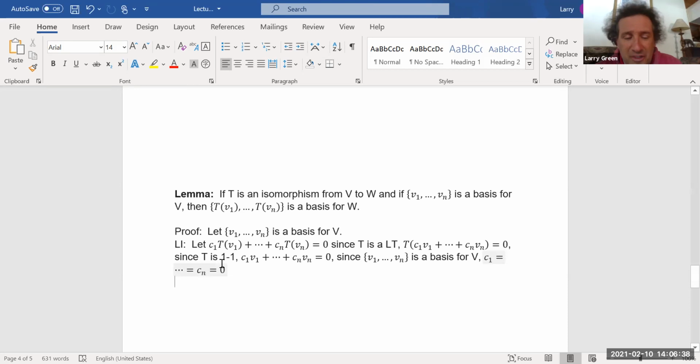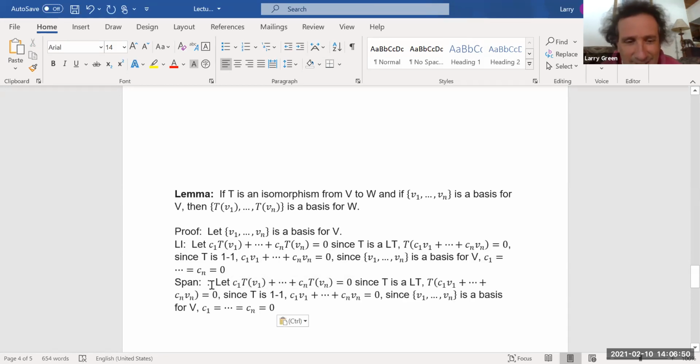Okay, so now I have to show span. Span is basically the same. And in fact, I think it'll save me if I just copy the whole thing and adjust. So now we want to find C1 through Cn such that you'll get any vector in W. Is that clear?